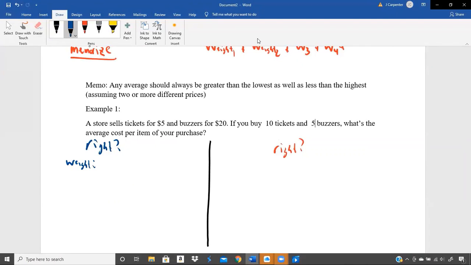Let's say that we think the weight is the costs and that the data, which really is just an arbitrary name, you can call these elements a lot of different things, would be the count or the number purchased.